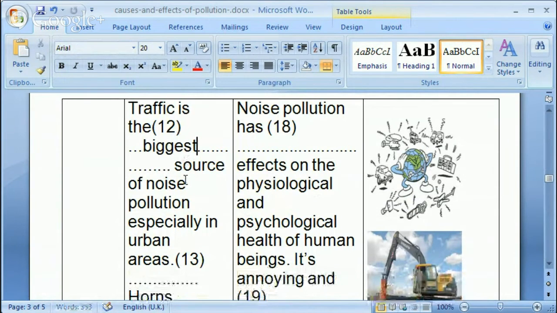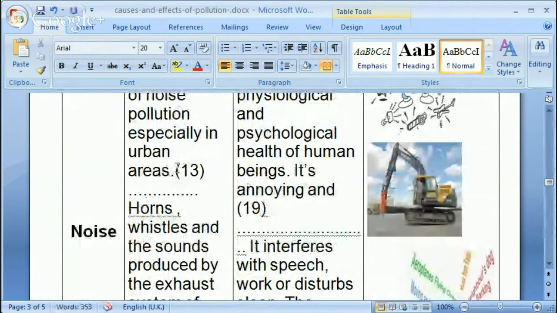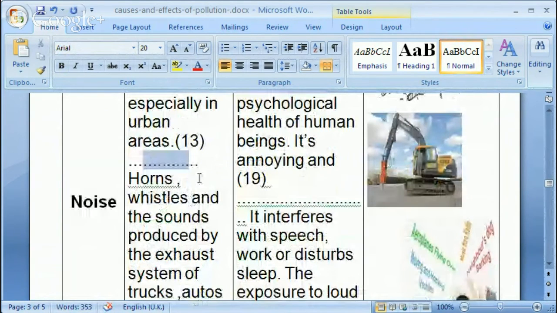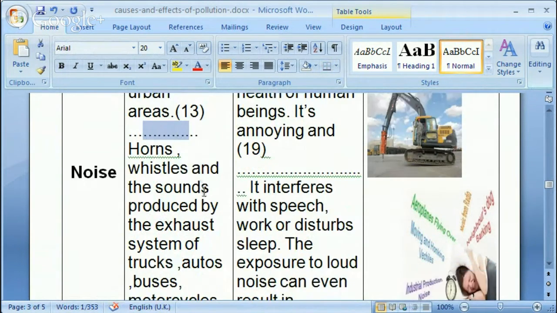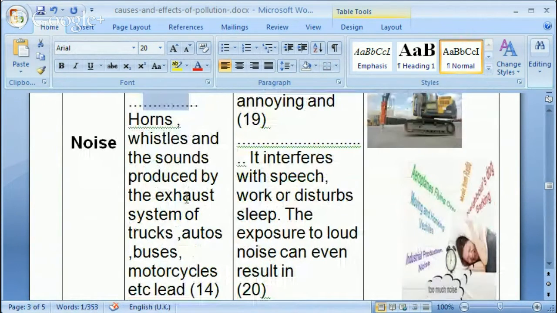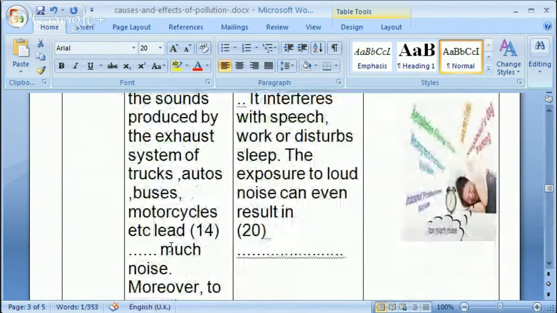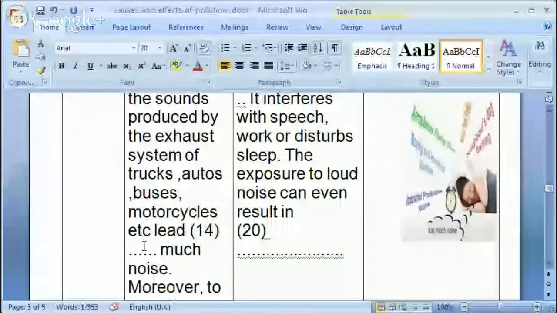All right, moving on to number 13. Something horns, whistles, and the sounds produced by the exhaust system of trucks, autos, buses, motorcycles, etc. lead to too much noise.